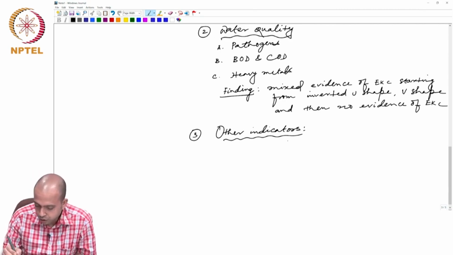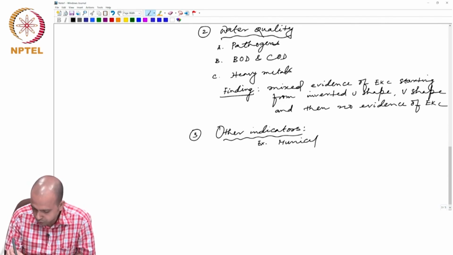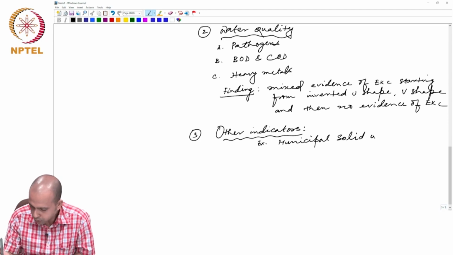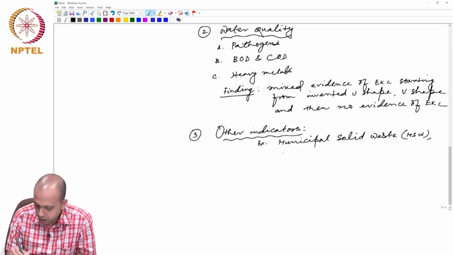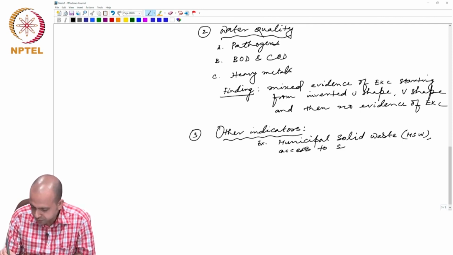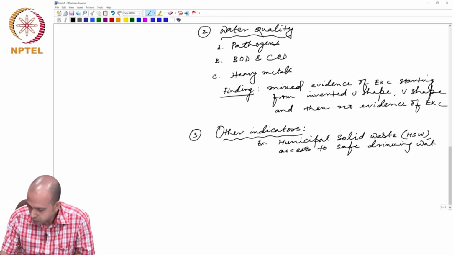For example, these are the examples: municipal solid waste, in short it is called MSW, then access to safe drinking water, access to safe drinking water.